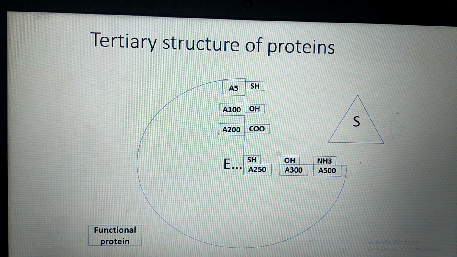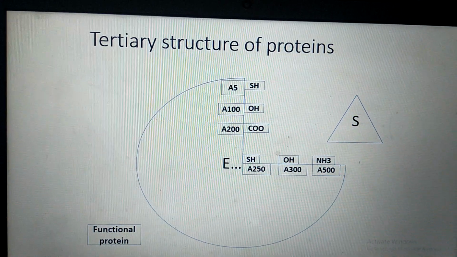So all these amino acids have come close to each other due to folding and superfolding, with their functional groups like SH, OH, carboxyl group, SH again, OH and amino group. So functional groups have come close to each other, and when such functional groups come close to each other, they perform function, and hence tertiary structure of protein is called functional protein.